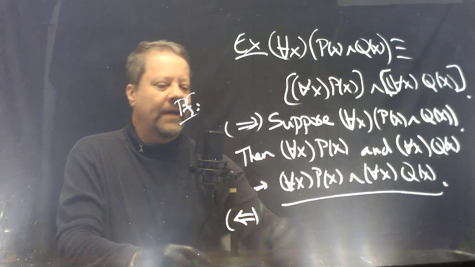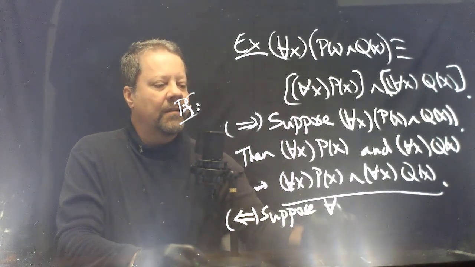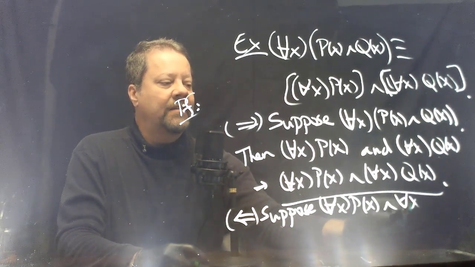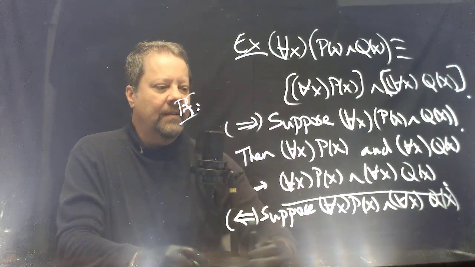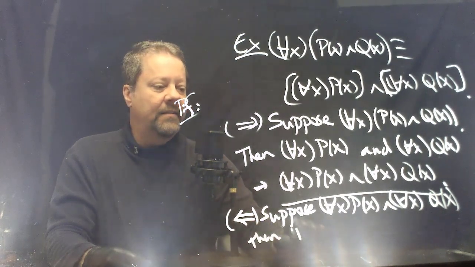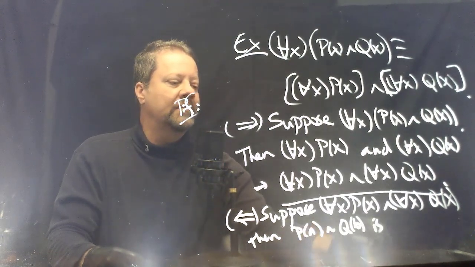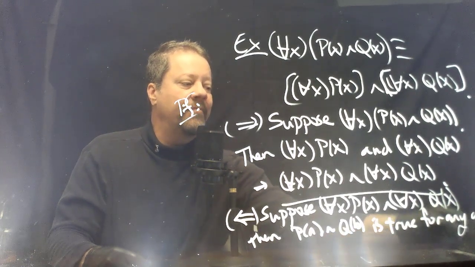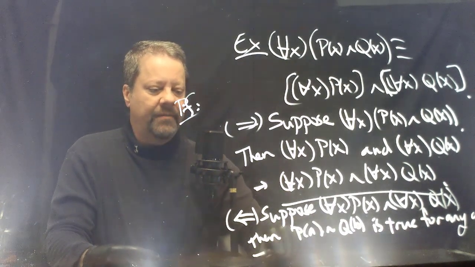To prove this in the other way, we'll suppose for all x, proposition P of x is true, and for all x, Q of x is true. Then P of A and Q of B is true for any A and B. So why not just set them to be equal to each other?